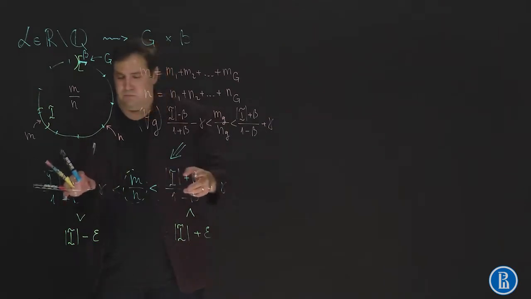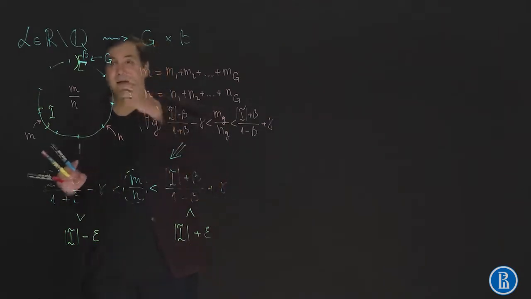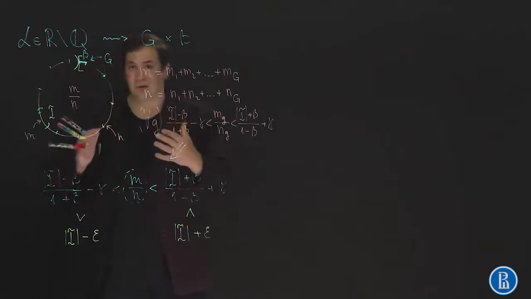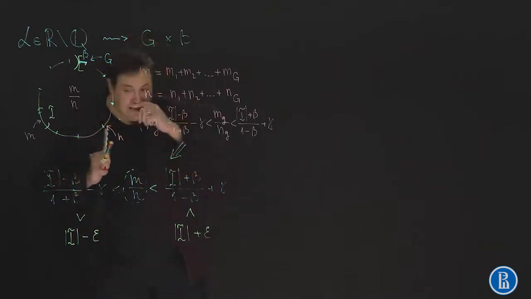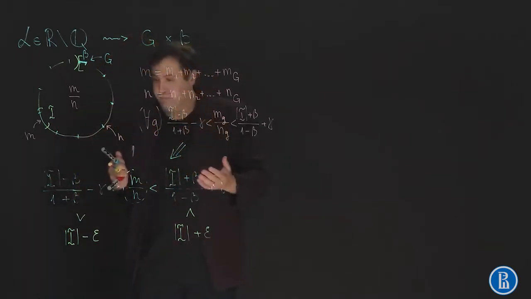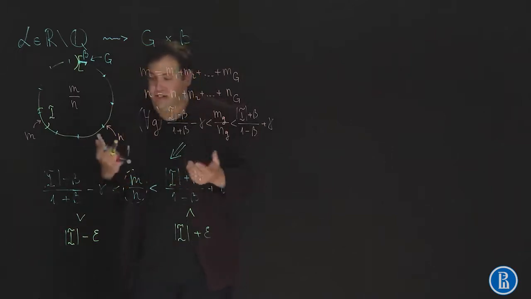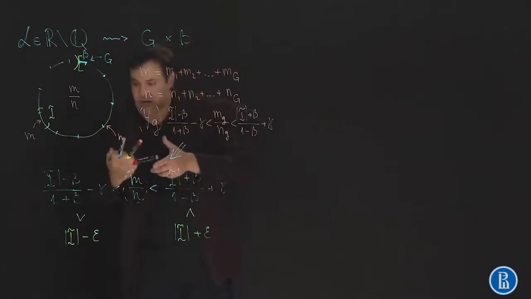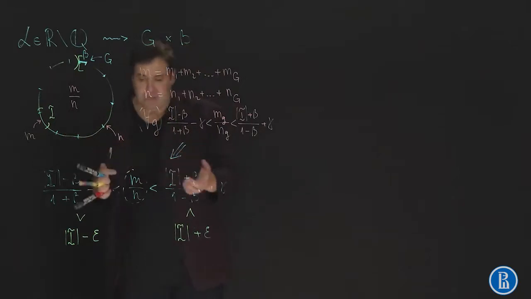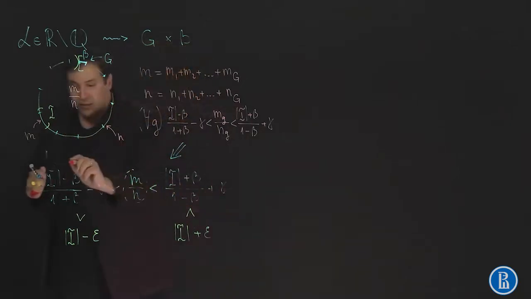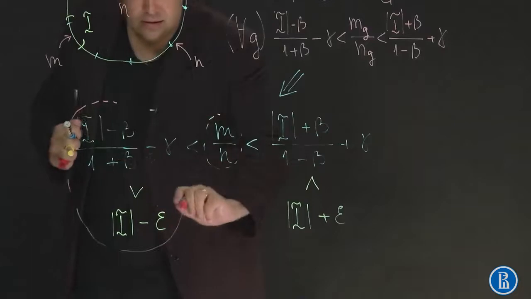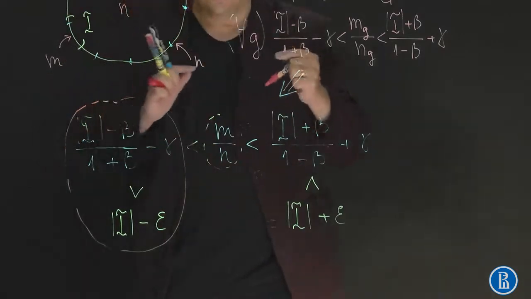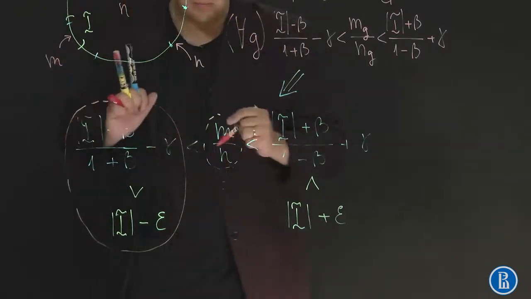And beta can be as small as we wish. Thus, it is rather clear that if we take an arbitrary epsilon, then this inequality will hold for sufficiently small gamma and beta.